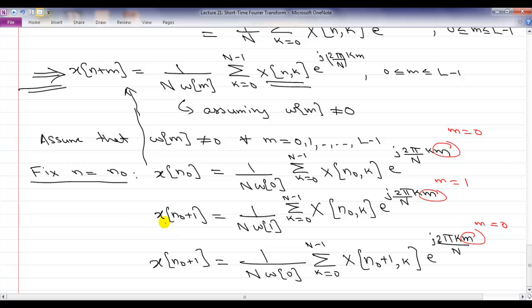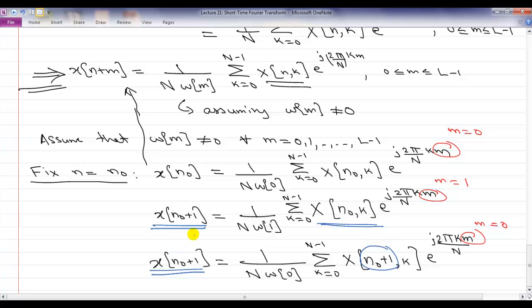But the point is that the same sample of x can be computed using two different formulas. One formula requires that I simply increase m from 0, 1, 2 up to L minus 1, whereas I fix my n equal to n naught. The other formula is that I actually increase my n naught, the time index of my short time Fourier transform.